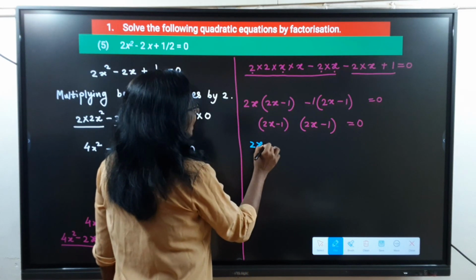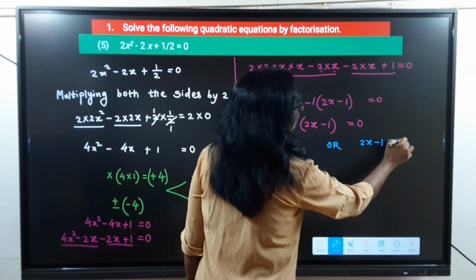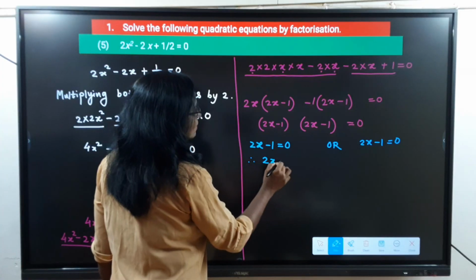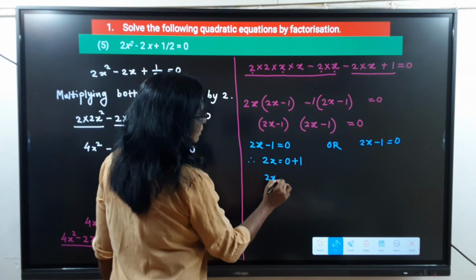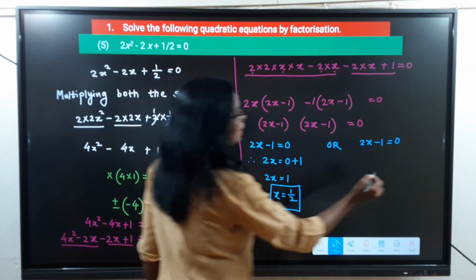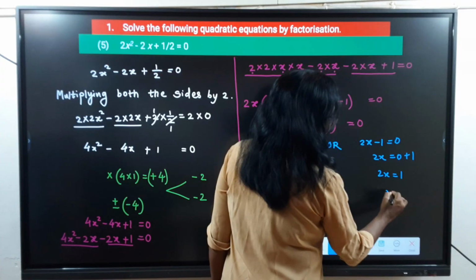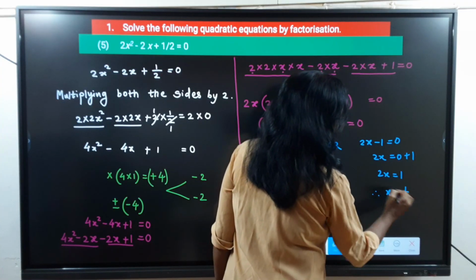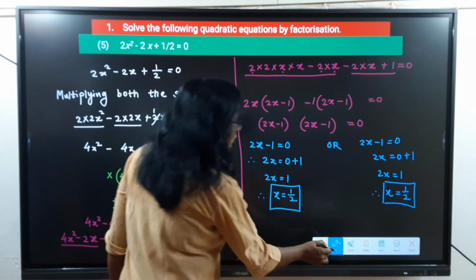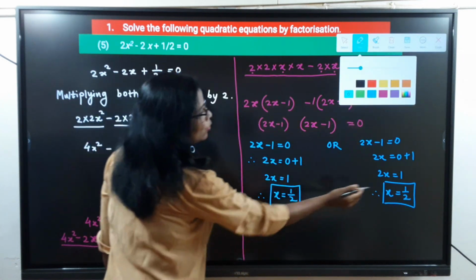First bracket 2x minus 1 is equal to 0, or 2x minus 1 is equal to 0. Therefore 2x is equal to 0 plus 1, 2x is equal to 1, therefore x is equal to 1 upon 2. And here also 2x is equal to 0 plus 1, 2x is equal to 1, therefore x is equal to 1 upon 2. So the equal solutions are the same, 1 upon 2 here, also 1 upon 2.